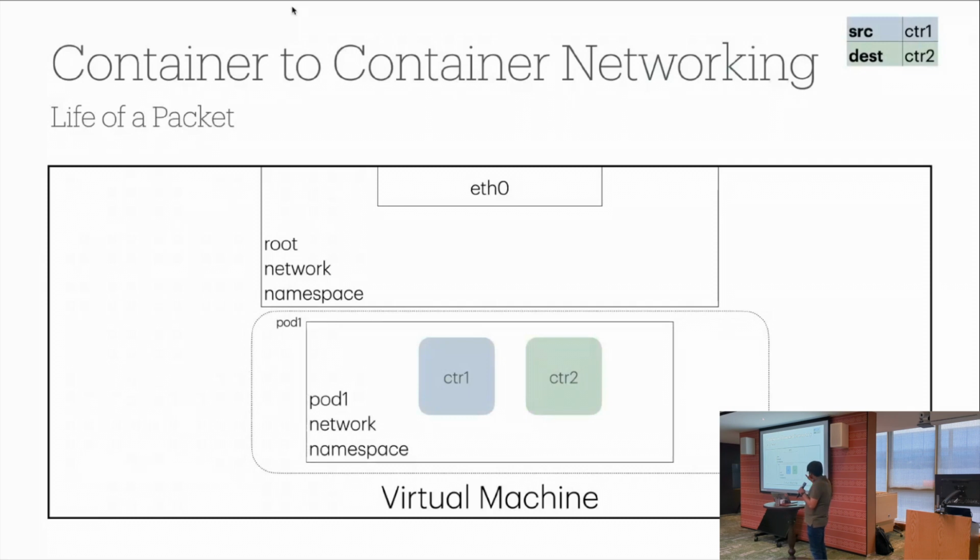For example, here there is pod 1, and we want to route traffic from container 1 to container 2, right? So the pod is in its own network namespace, and therefore it has its own virtual Ethernet device and they can talk to each other. We'll get into more depth in a while, but I want to start with an example.